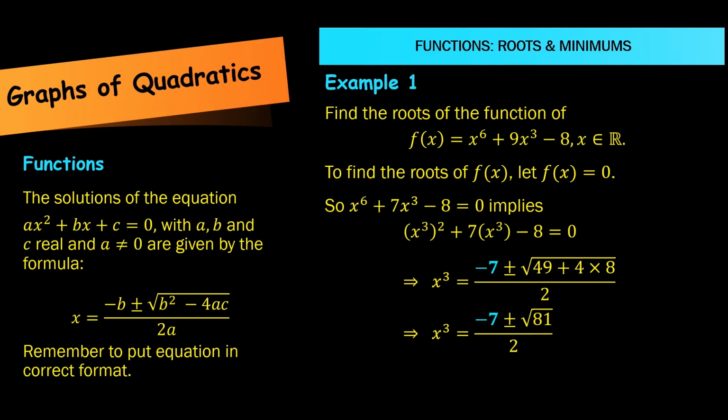And tidying up gives us minus 7 plus or minus the square root of 81, all over 2, which equals minus 7 plus or minus 9, all over 2.